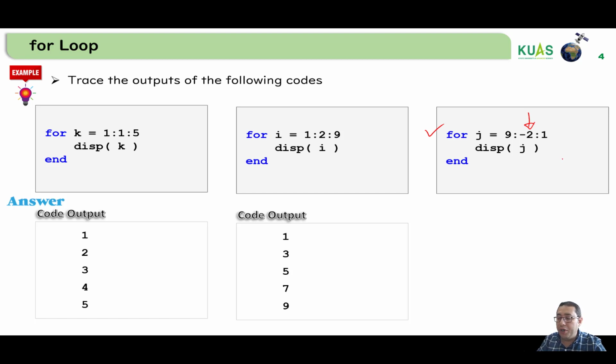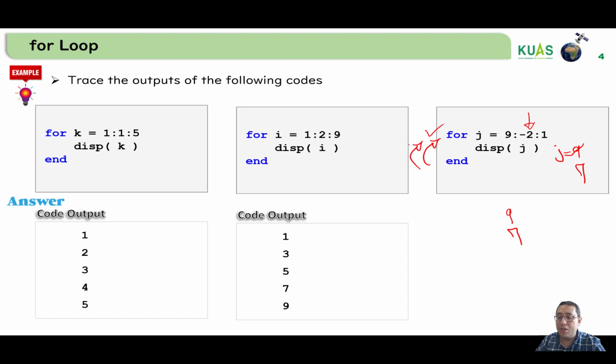In this program, the first value of j will be 9. So display j, so the output will be 9. And then go to the first iteration and then decrease the previous j by minus 2, so it will be 7. And display j, it will be 7.